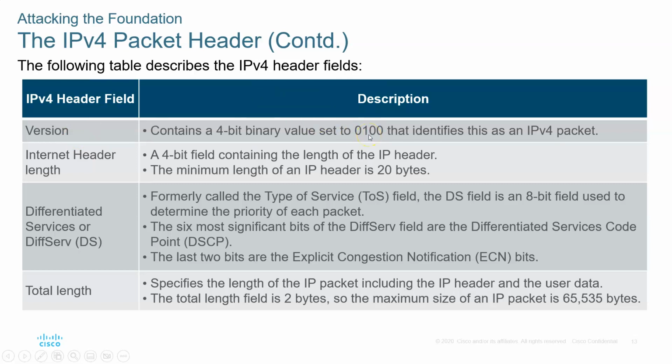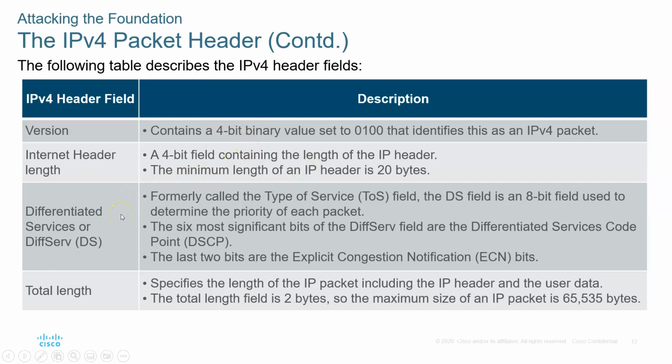So if that 4-bit field on an IPv4 packet is 0100, you know it's an IPv4 packet that's inside. That's an IPv4 packet, so that the routers will process the data according to the IPv4 protocol. The internet header is 20 bytes.